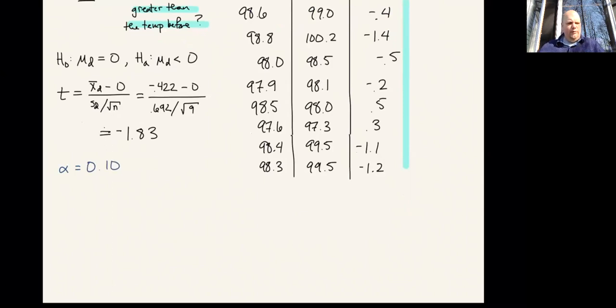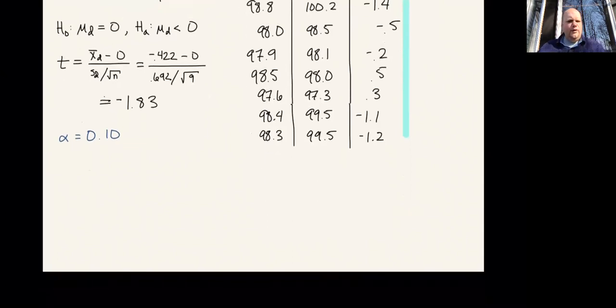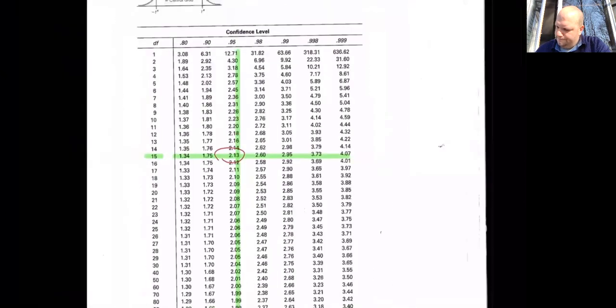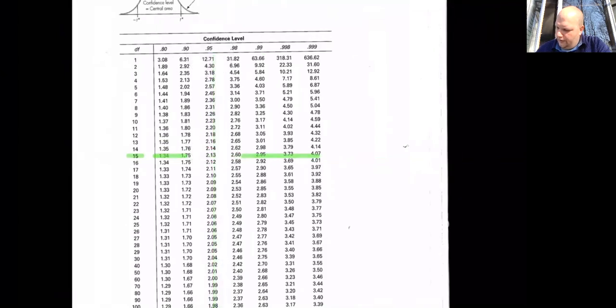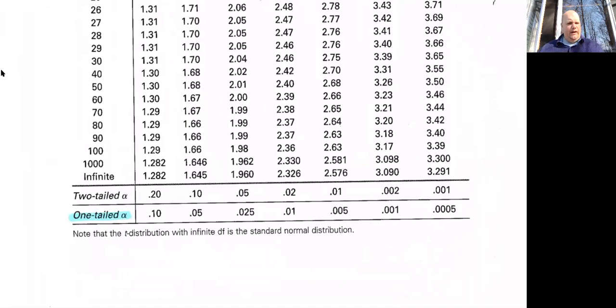Okay, for this problem, let's say we're using alpha equal to 0.10. And to figure out whether or not to reject the null hypothesis, what we need to do is look at our t-scores for a confidence level of 0.10, a one-sided test, and for a sample size of 9 people. All right, so let's jump over to the t-score table. So in this example, we're doing a one-tailed test because we're just looking at the alternate hypothesis that mu sub d is greater than 0.